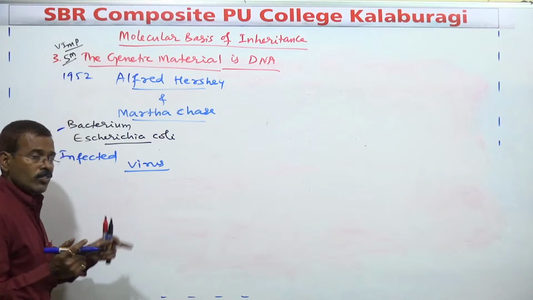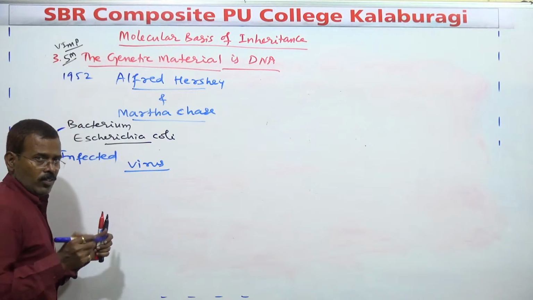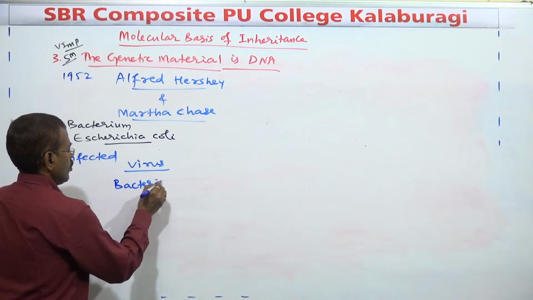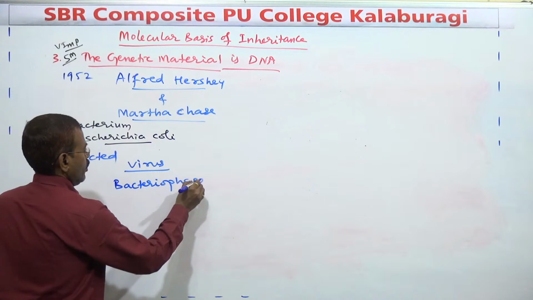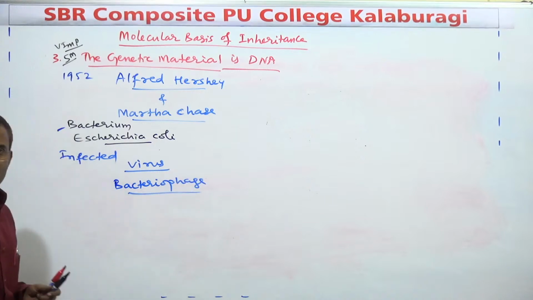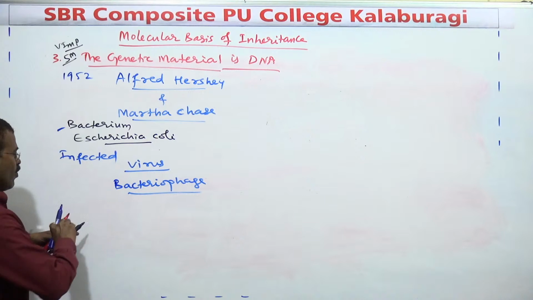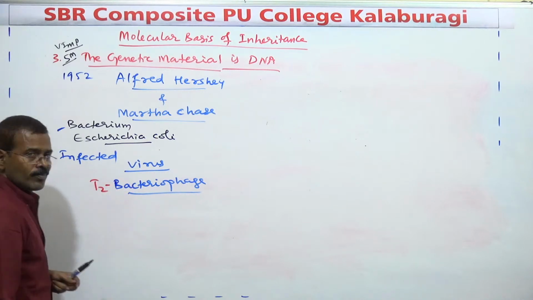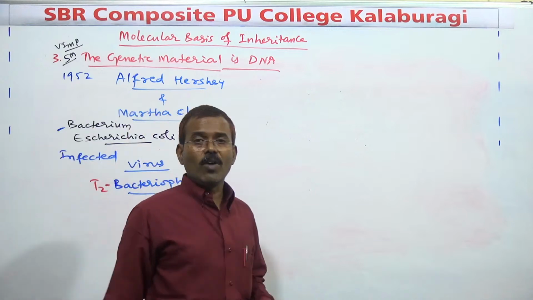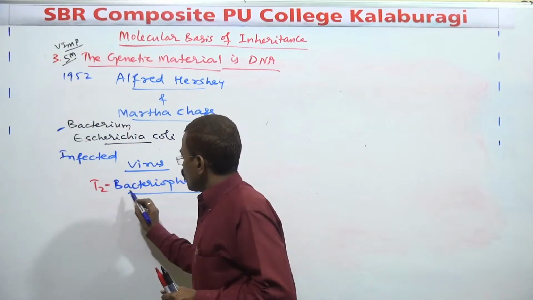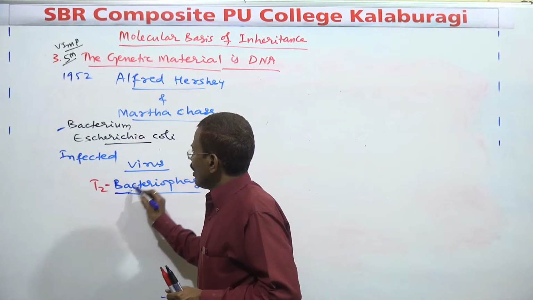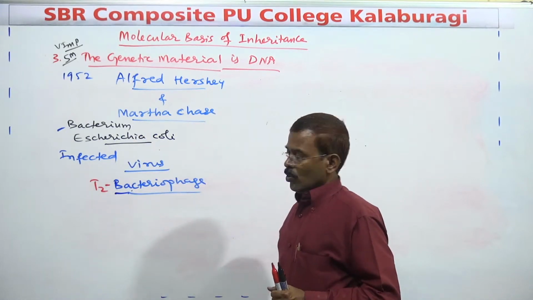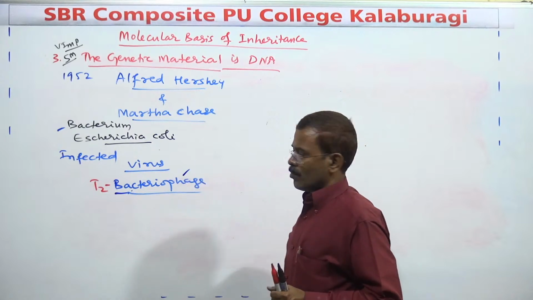This virus can infect the bacterial cell, so it is a bacteriophage virus, specifically the T2 bacteriophage virus. This virus can infect this bacterium. So why have they chosen this bacteriophage?